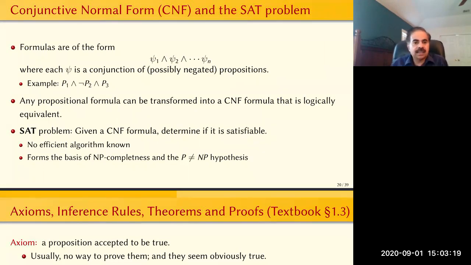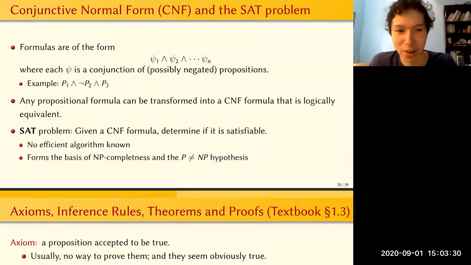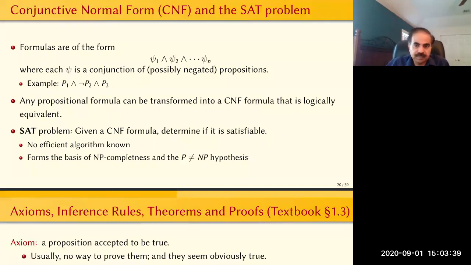Okay, so let's start. Are there any questions from what we covered in the last lecture? I just had a question about the difference between CNF and DNF. Conjunctive and disjunctive normal form.